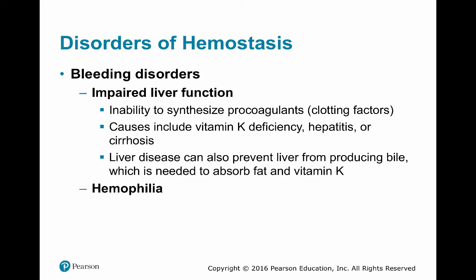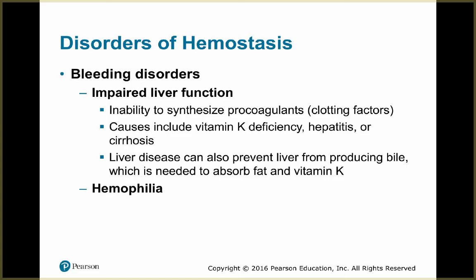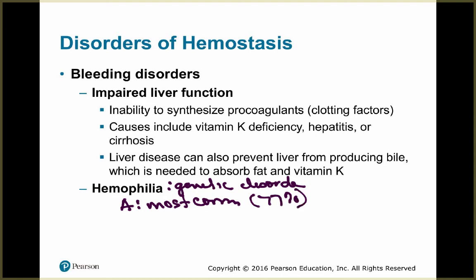Hemophilia is a genetic disorder. Okay. There's both A and B. A is the most common, with about 77% of all cases being due to hemophilia A. And it's basically due to factor VIII, right?